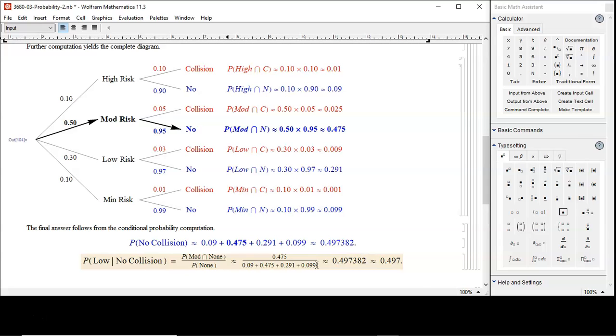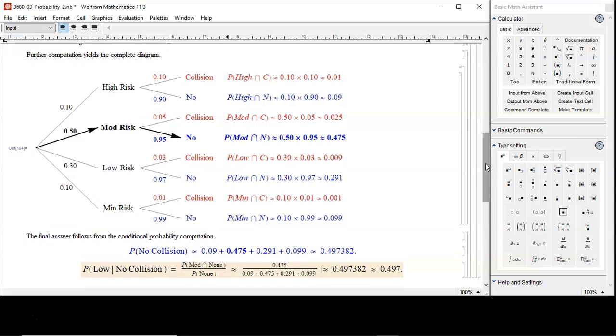In the numerator, I have to select one particular path that I'm interested in. This problem explicitly said moderate risk driver. So that particular path goes to the numerator. You see all 4 of them are down here. That goes to the denominator. And one of them goes to the numerator as well. That's how you do Bayesian analysis computation.